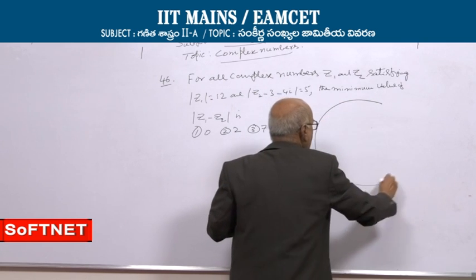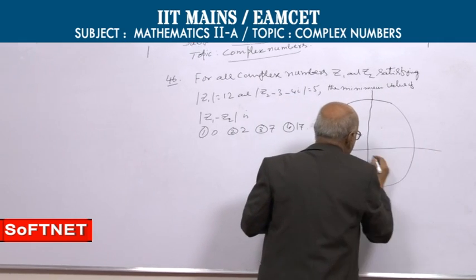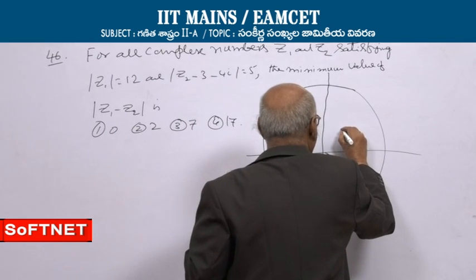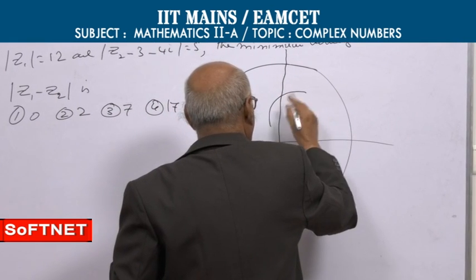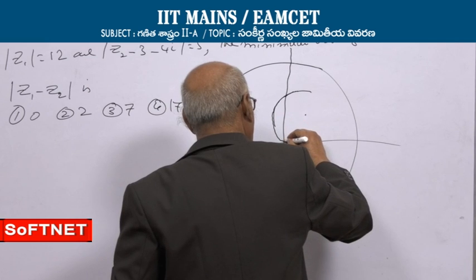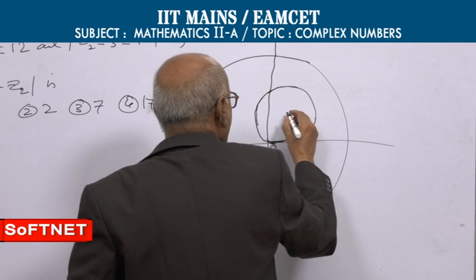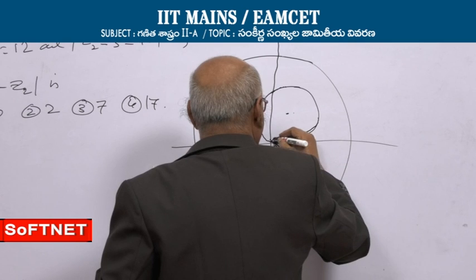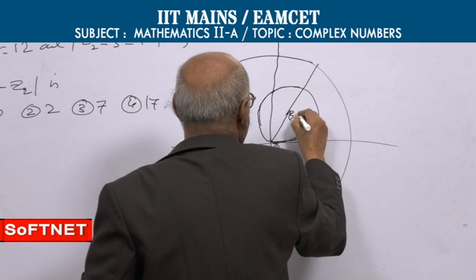So this is the origin and (3, 4), and the second circle also passes through the origin. And radius 5.